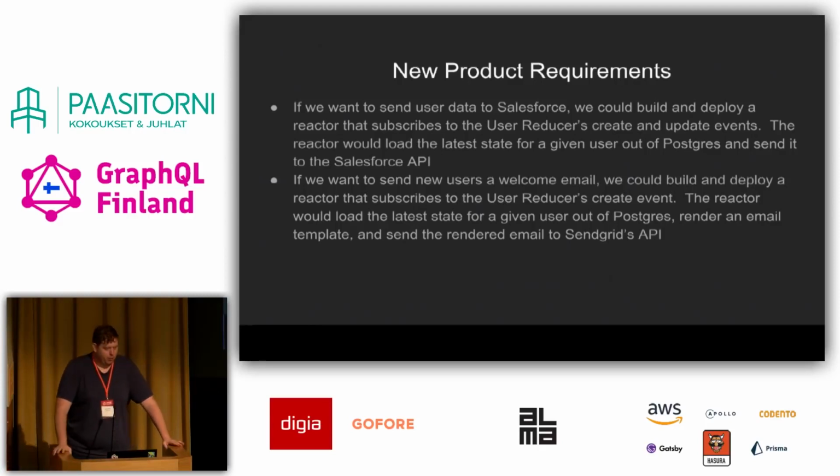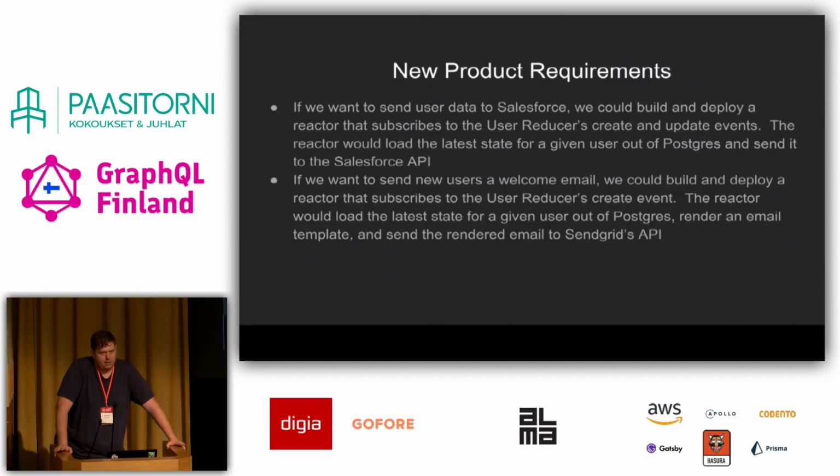And adding new product requirements with this flow, this is actually the reason we chose this, both because we need an insane amount of scale, given that a single build will output about 5 megs worth of text, and we have to be able to stream those logs to the user in a variety of different places. It's also very flexible for new product requirements. If we wanted to send user data to Salesforce, all we have to do is plug in a new reactor and subscribe to the existing stream of messages.